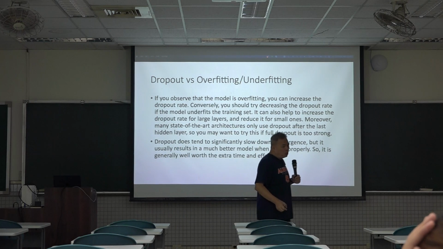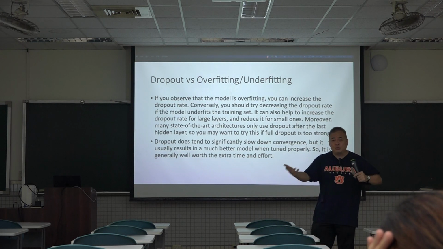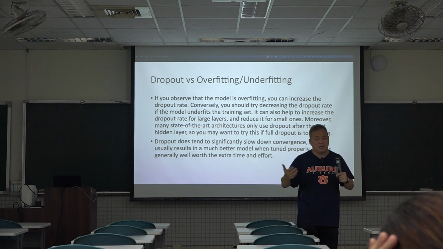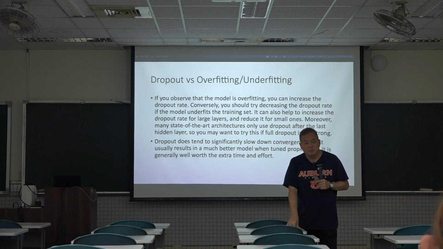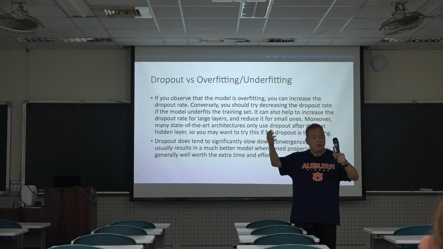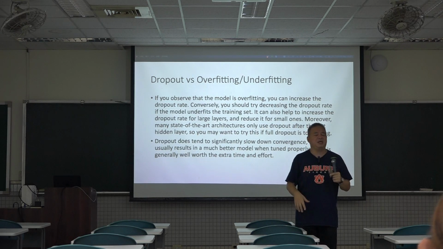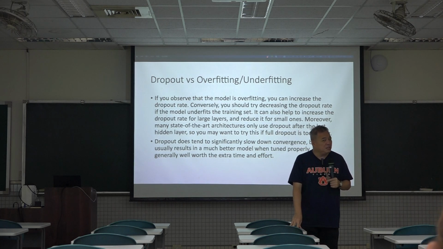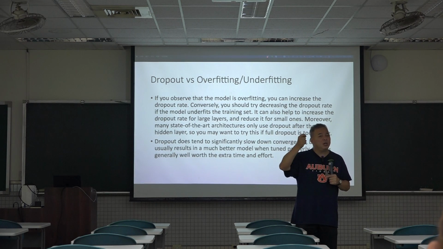Why? Because when you increase the dropout rate, you can imagine the number of people who come to work for the company every day gets reduced. When the dropout rate increases, the number of neurons that participate in the computation gets reduced. That means intuitively you will have a lower number of parameters.